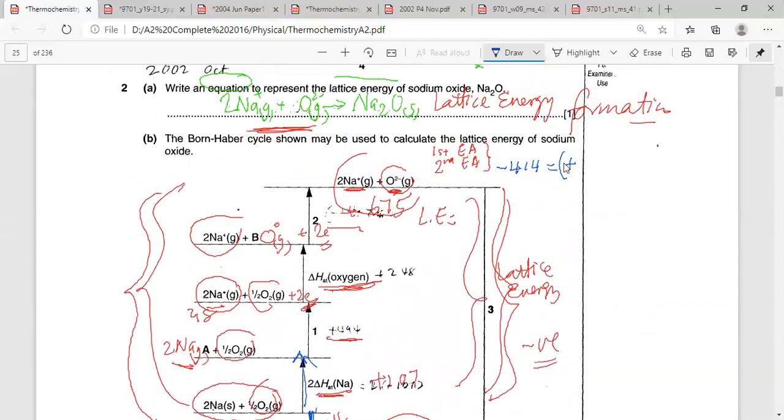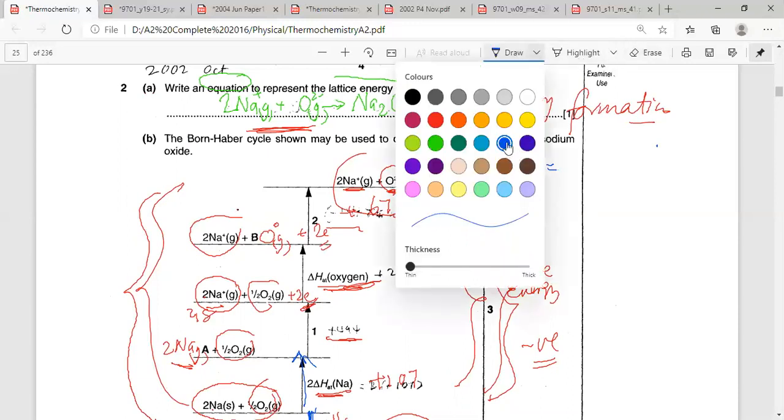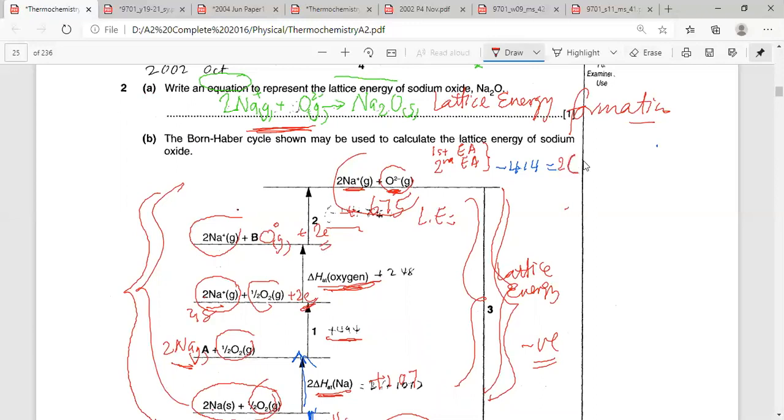So I put it down here. I'll rub it off first. Okay, 2 times positive 107.